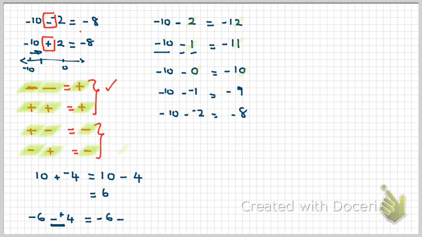That's a negative, so I have negative 6 take away 4, and hopefully by now you know that I start on my number line. Again, in your head, imagine a starting point of negative 6 on the left hand side of the number line, to the left of 0, and we're taking away 4. We're making it even smaller, moving to the left. That gives me negative 10.